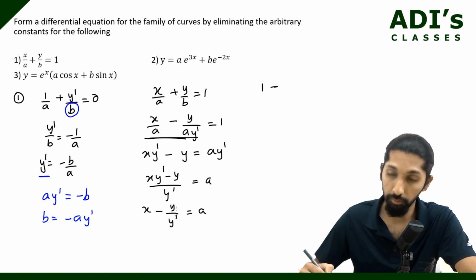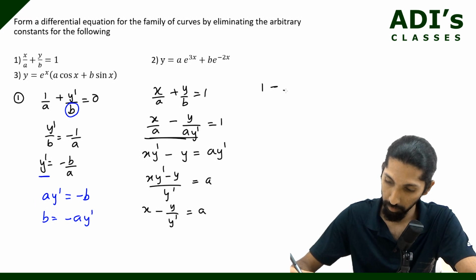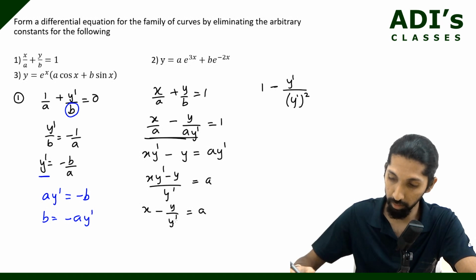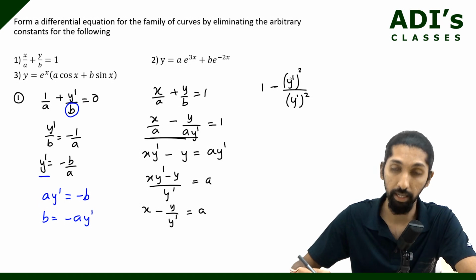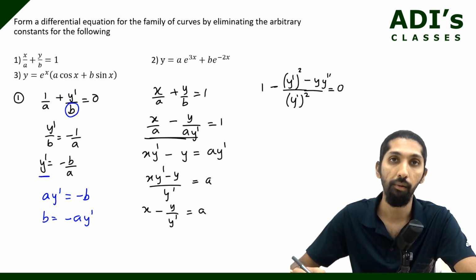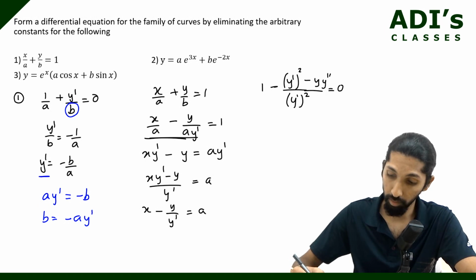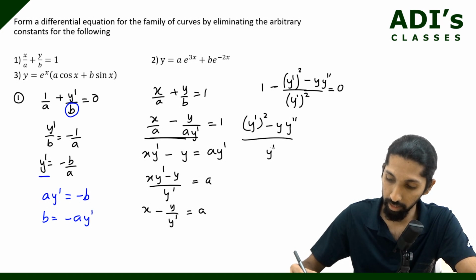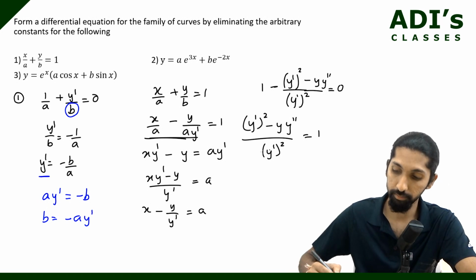Minus, here you have to apply the quotient rule, y' square into, so first is y' into y' square minus y into y'' is equal to 0. Or basically you are going to have y' whole square minus y into y'' by y' whole square is equal to 1.